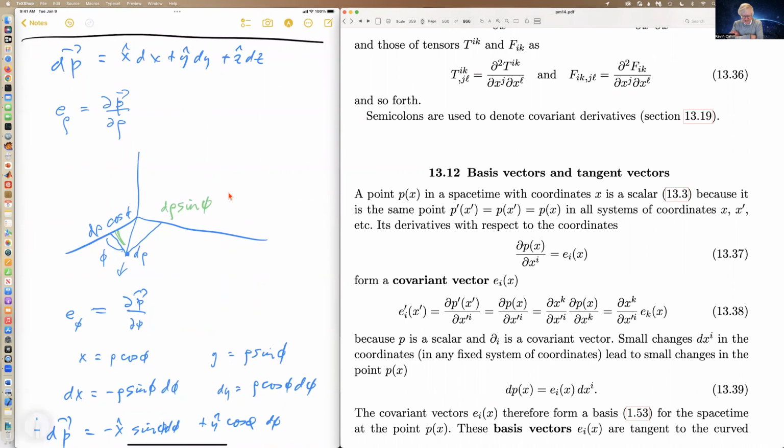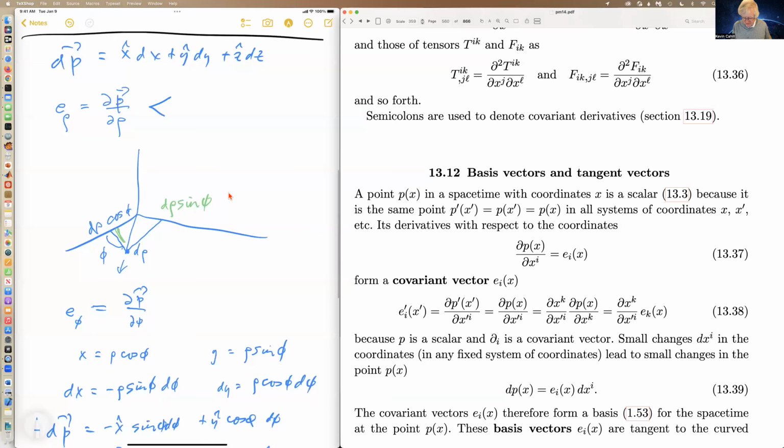So the idea here is that you have a point and you describe it by coordinates, and when you change the coordinates, then this thing here is a basis vector in the sense of how does the point move as we change the coordinates.